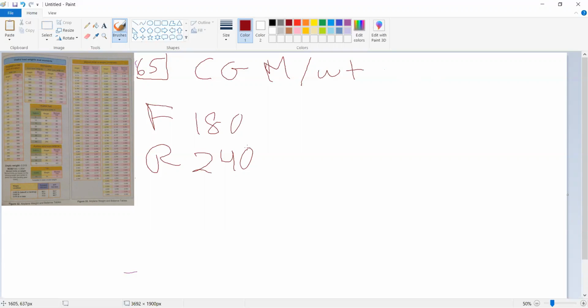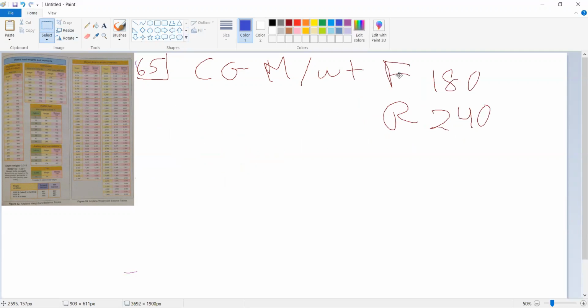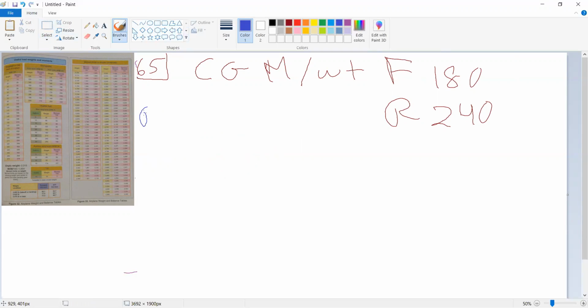So this has two problems. So you have the old CG. Maybe I'll move these numbers over here. So you have the old, and then you have the new. So let's figure this out. We don't have to look at the chart for this one, I believe.